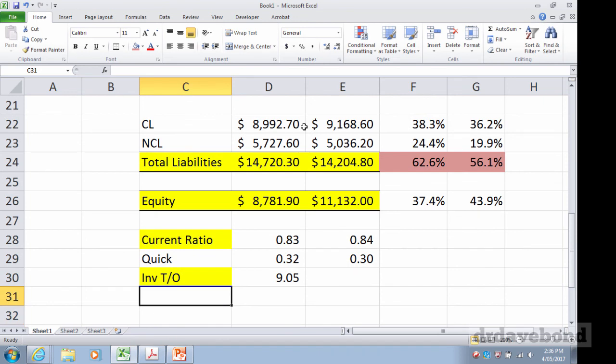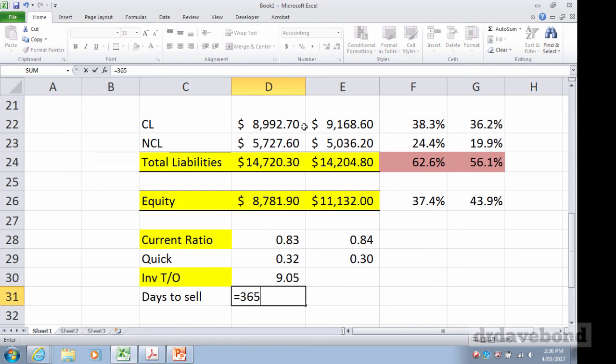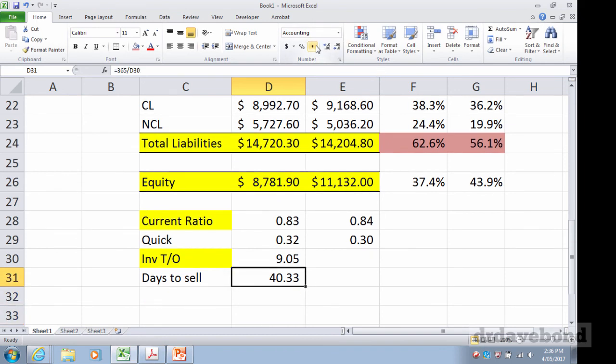It's not an explicit ratio up there, but you could actually work out days to sell, something like that. If we sell everything out 9 times per year, and we took the length of a year and divided it by that, it tells us that on average we sell our stock in total in 40 days to cycle through everything.